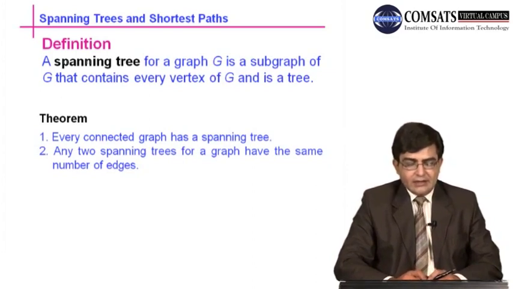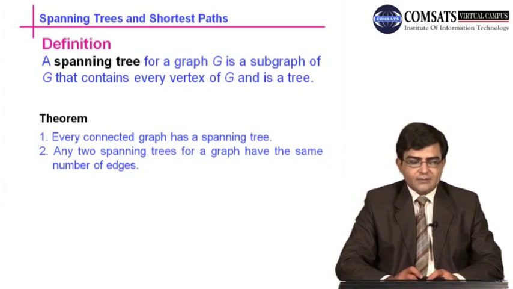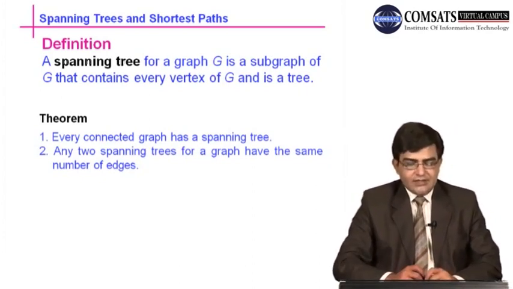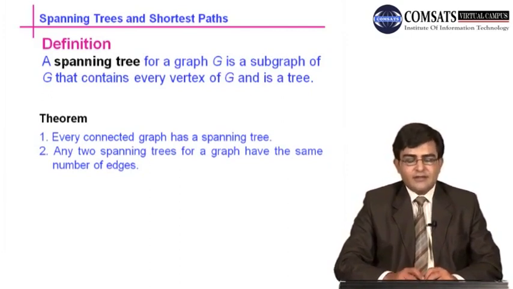An important result related to spanning trees is given here in the theorem. You can see the proof of the theorem in Susanna's book on Discrete Mathematics. The first part of this theorem is: every connected graph has a spanning tree, meaning if the graph is connected, then there must be a spanning tree.